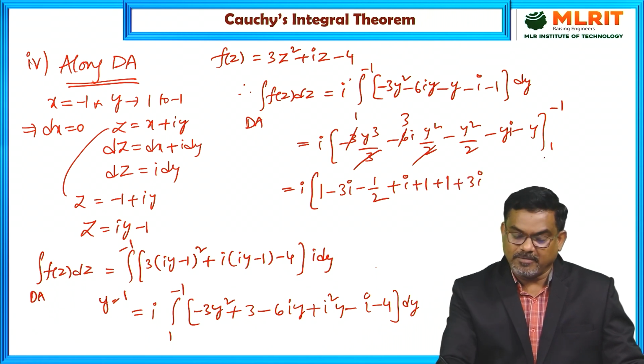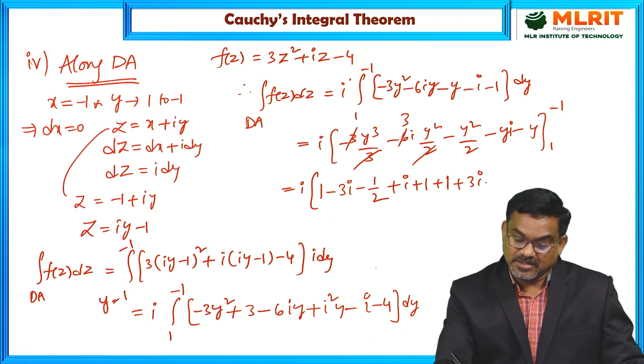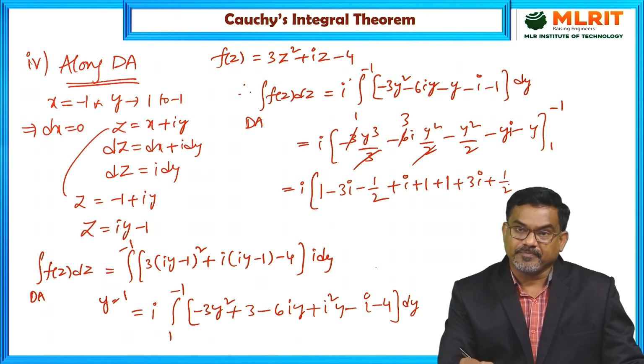Now for the lower limit again we get minus, so plus 1 by 2, and again here minus y is there. So for the lower limit we get plus i, and again the same.